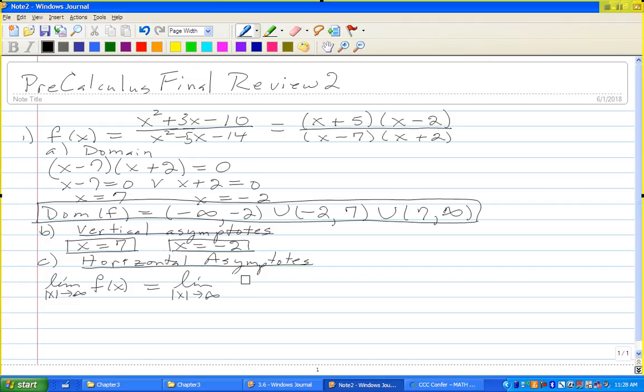Let me just look at the original. I can divide both the numerator and denominator by x squared.